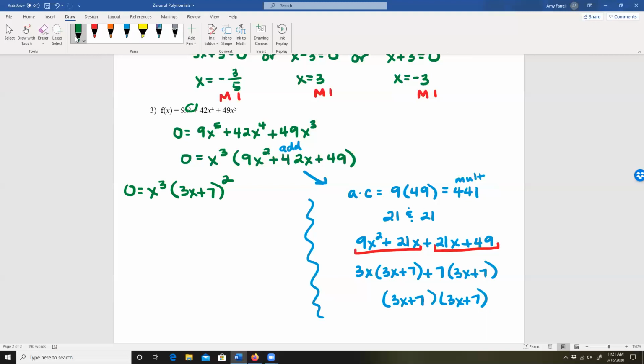Now, I don't have 5 unique zeros, but technically I do have 5 zeros. So one of my zeros is 0 because I have this factor of x that counts 3 times, by the way. So one of my zeros is 0 with a multiplicity of 3. My other 0 is negative 7/3.